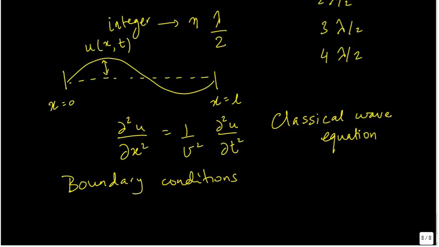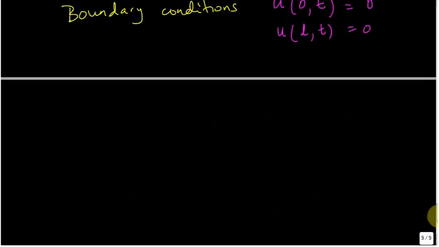It is that my strings are fixed at x equals 0 and x equals L. So my boundary conditions are that u of x, so let me take x equals 0, at any given time t should be equal to 0, and the other one is that at L, at any given time t should be equal to 0. Right.